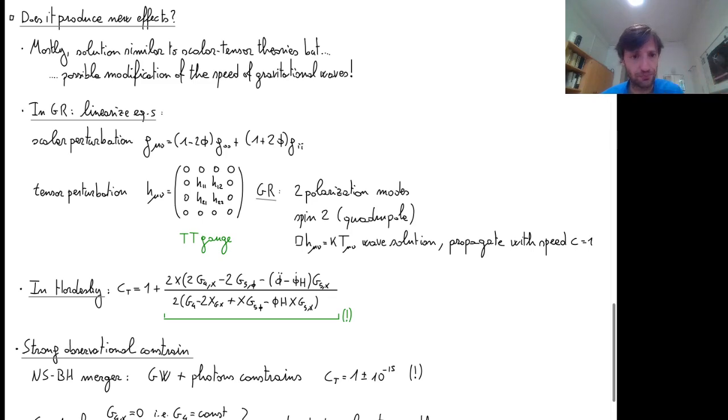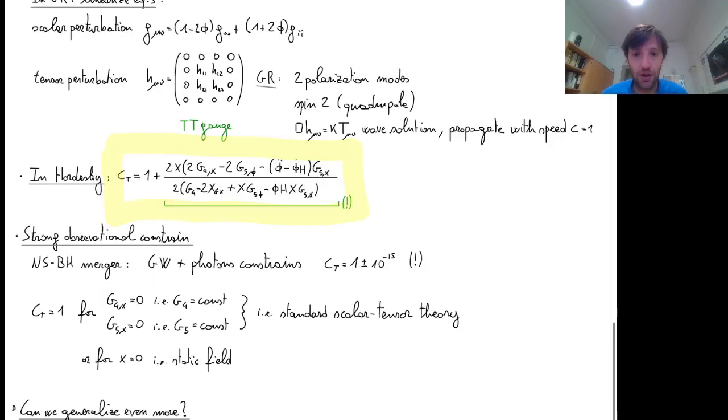Perturbative approach, and you obtain a solution which is similar to this one, but the speed at which gravitational waves are going across the spacetime is actually not c, it is equal to c plus another term. Therefore you already know that there is going to be a strong constraint on the possibilities for the functions G4 that appears here and here, and G5 that appears here, here, and here.